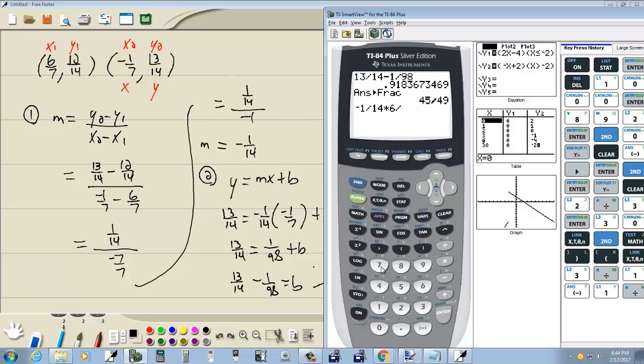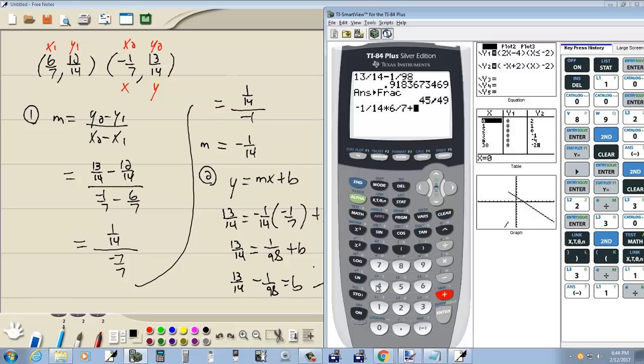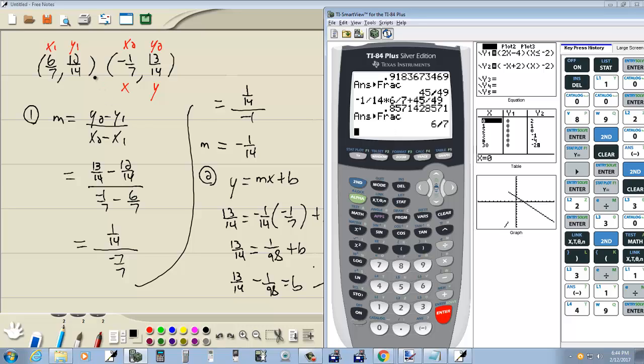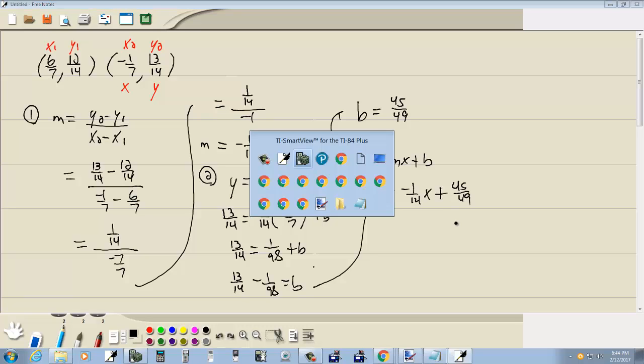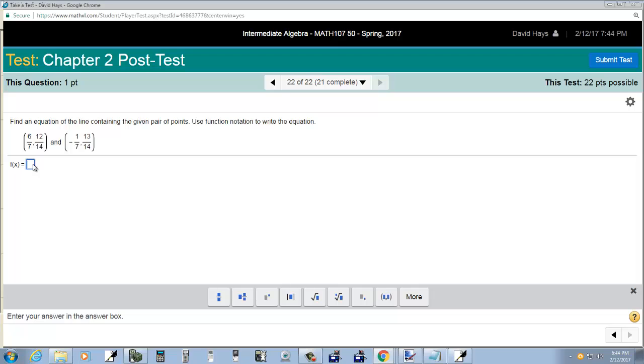Then I'm adding 45 divided by 49, enter, and then math, enter, enter. Gives me 6/7, which is the same as 12/14. Okay, so I feel better about that. So this is going to be negative 1/14 X plus 45/49.